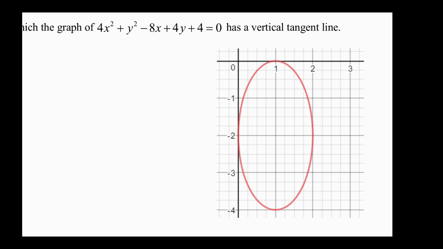It's all rise, right? What's the run? There's no run. It's 0. So if you have 0 on the bottom, what is it? Undefined. So we would set the bottom equal to 0 there. We're going to do this one tomorrow, but we'll set the bottom equal to 0.